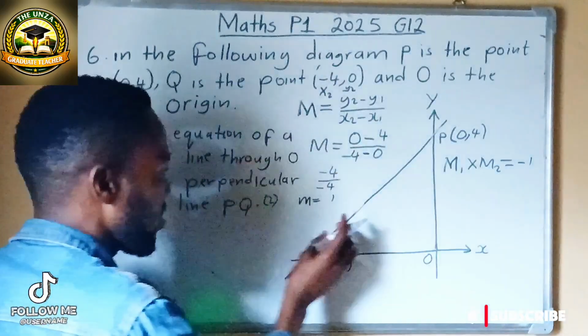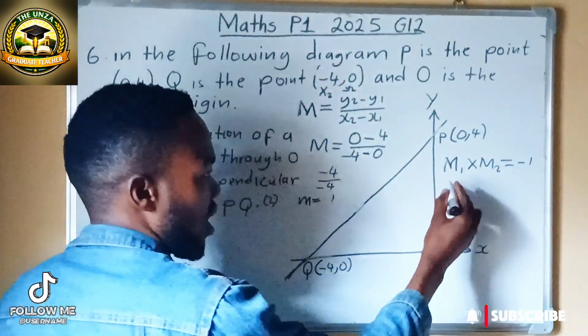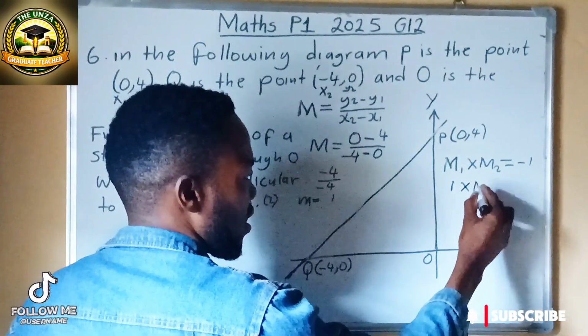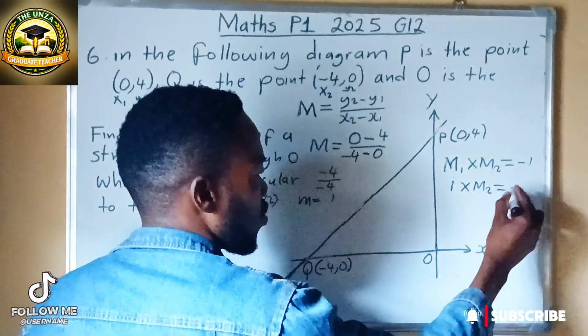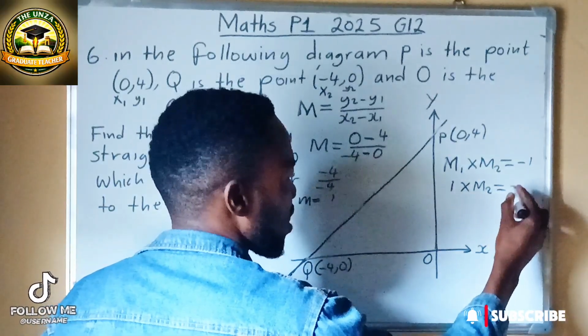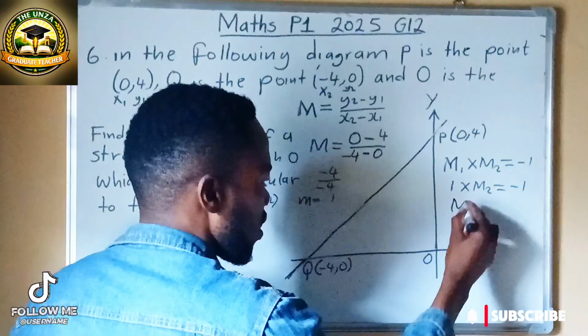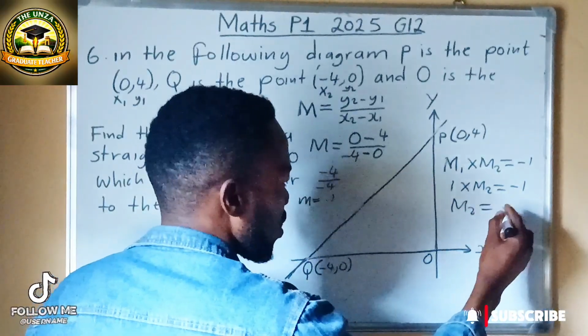Your m1 is the one which you have found, which is 1, multiplied by m2 gives you -1. So when you say 1 times m2, m2 is equal to -1.